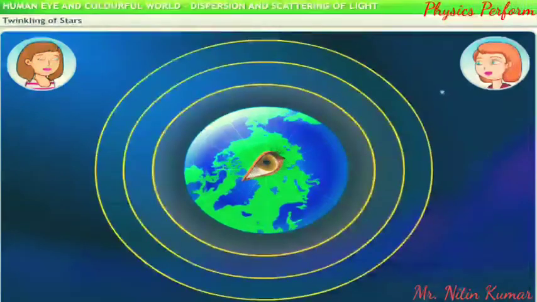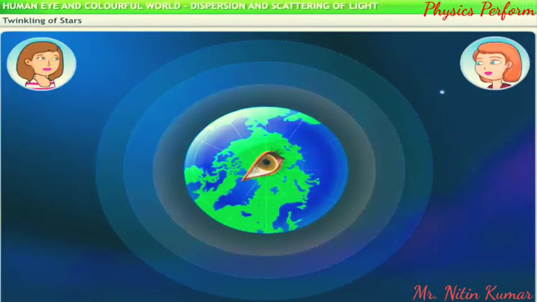Since our atmosphere is heterogeneous, that is, made up of many layers of various densities, the light reaching us from the sun or stars is refracted multiple times. As it crosses each medium, it refracts.